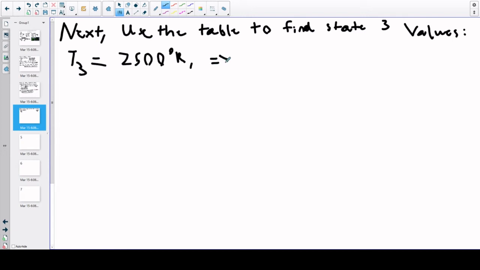That means H3 is equal to 645.78, and PR3 from the same line is 435.7.